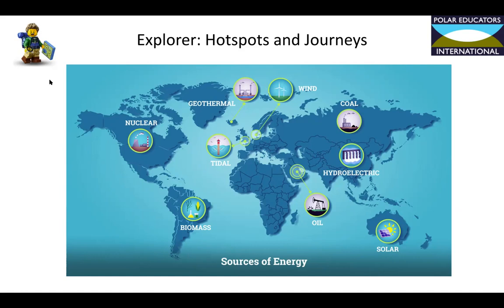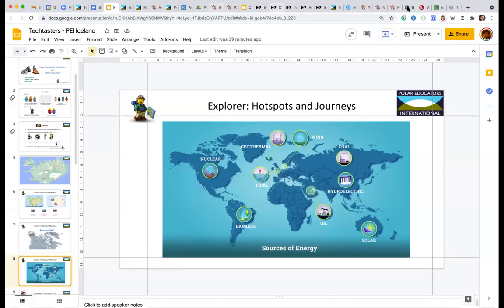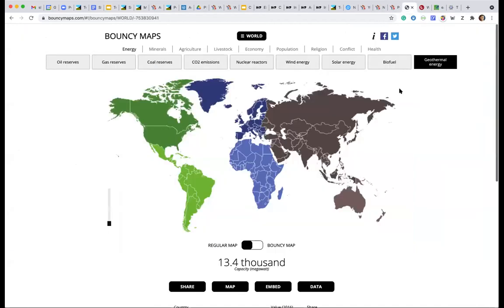So what I would like to showcase here is something called Bouncy Maps when we are talking about energy. Bouncy Maps is a website. Some of it is paid, but quite a lot of free data is available. What Bouncy Maps does is, depending on the volume of data for that particular region, it increases and decreases the size of the proportionality of the map, right?